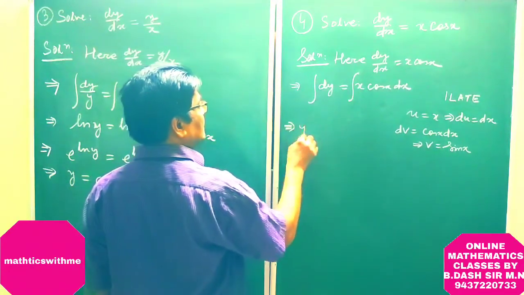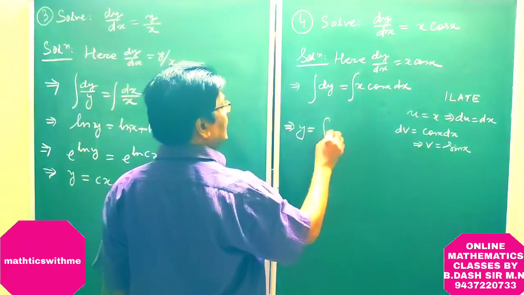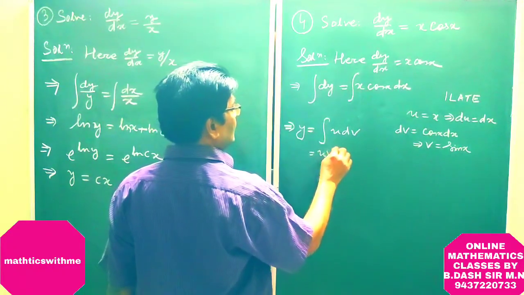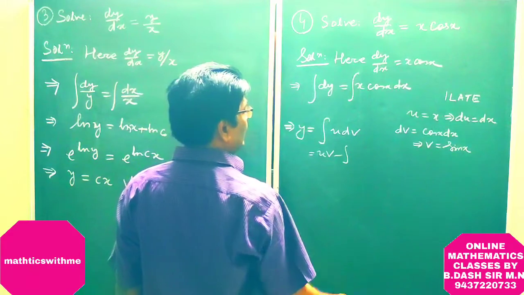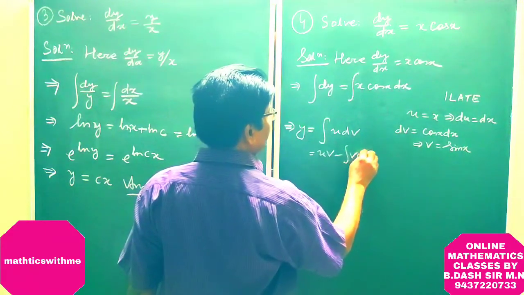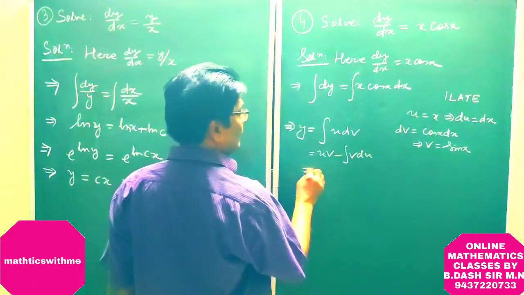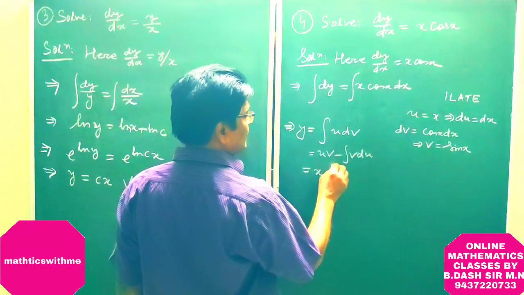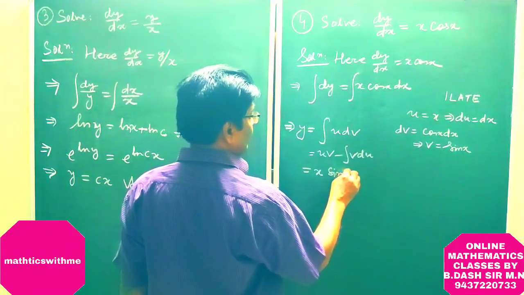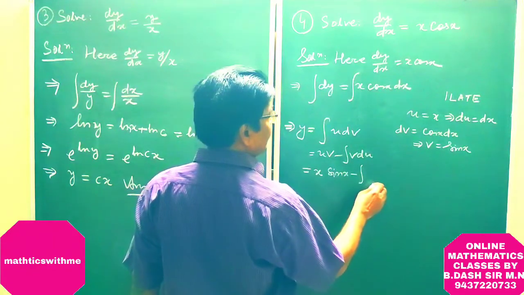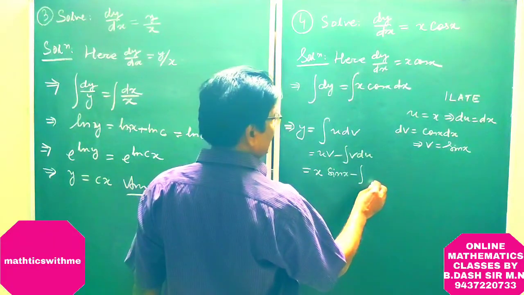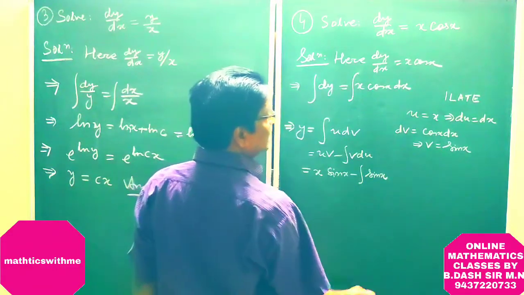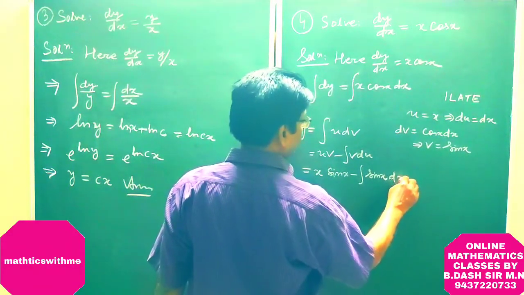So we get y is integration of u dv, which is uv minus integration of v du. Now u is x, v is sin x, minus integration of v du, with du equal to dx.